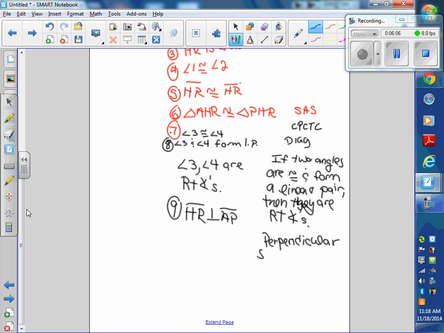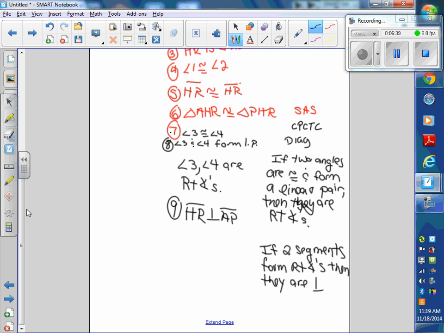Ours are segments. So I should say, if two segments, I'm sorry, form right angles, then they are perpendicular.